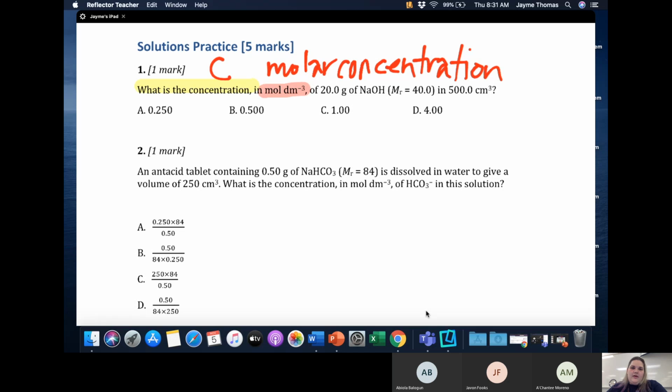Anytime I see those units, mole times dm to the -3, that's moles times decimeters to the -3 power. That's the same thing as moles per decimeters cubed.